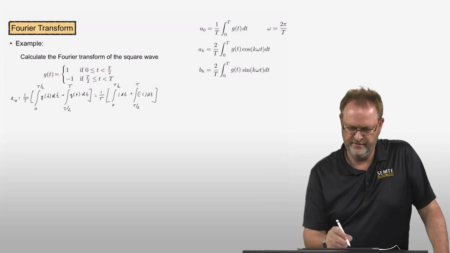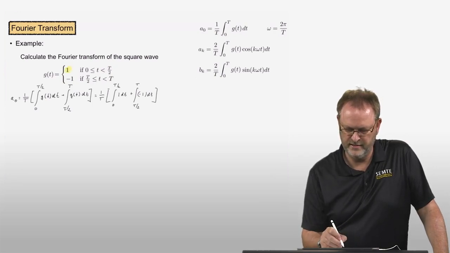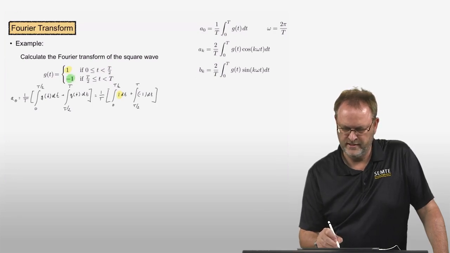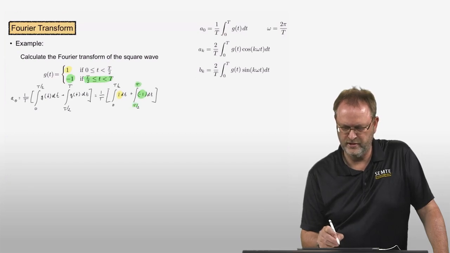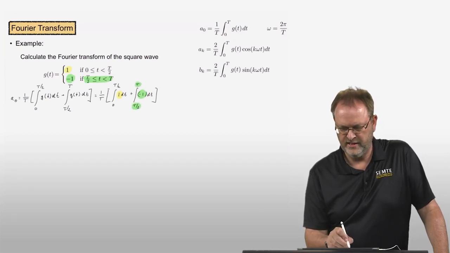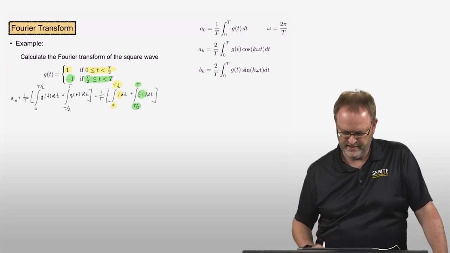The +1 comes from the interval from 0 to T over 2, and the -1 from the second subinterval.